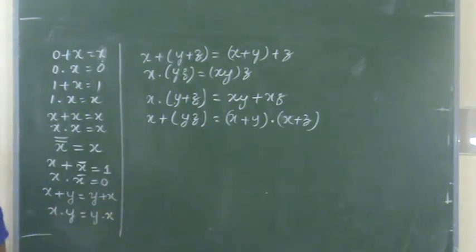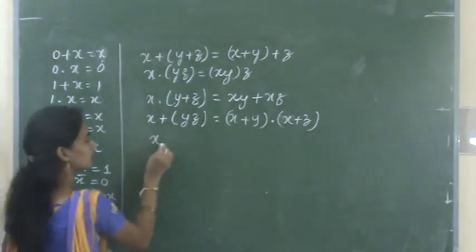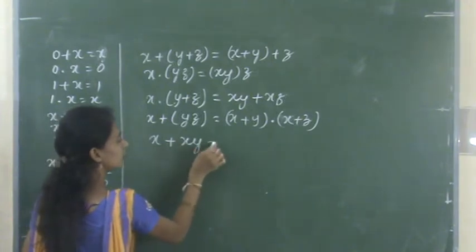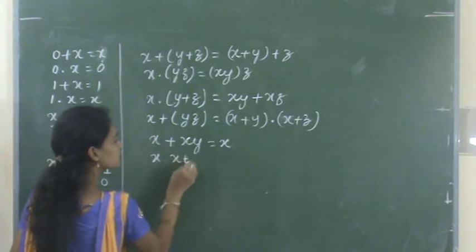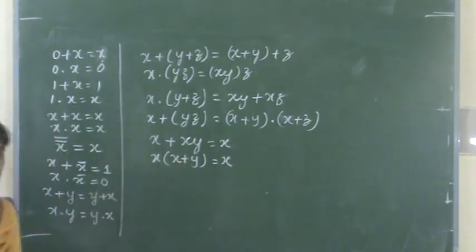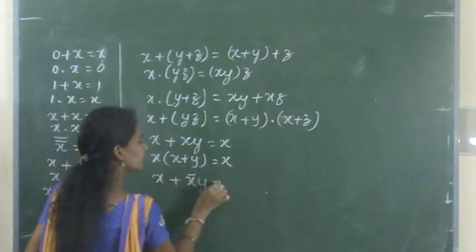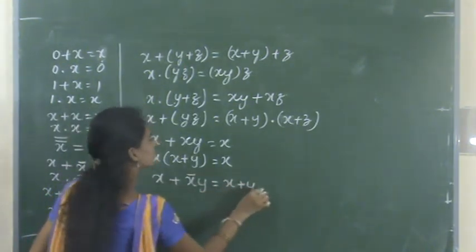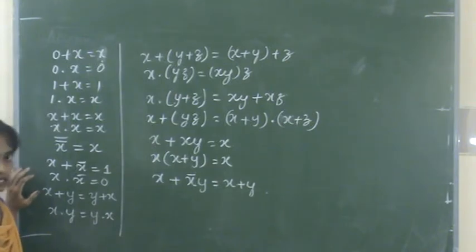After this we have the absorption law, that is x plus xy is equal to x and x into x plus y is equal to x. The last one is the third distributive law, that is x plus x bar y is equal to x plus y. So these are the basic laws we studied in Boolean algebra.